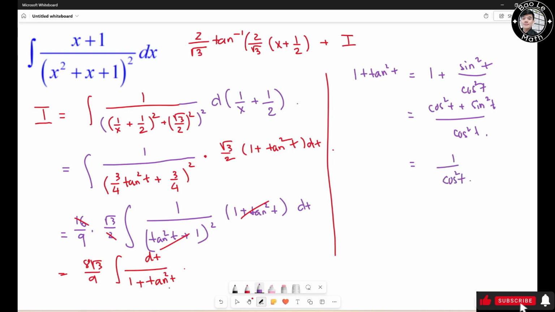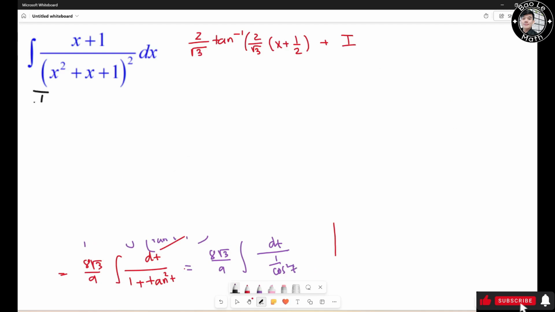So this turns out to be 8 root 3 over 9 times the integral of dt over 1 over cosine square of t. Alright, so you have I equals 8 root 3 over 9. Now 1 over cosine square of t, I just flip it, so it turns out to be the integral of cosine square of t dt, right?